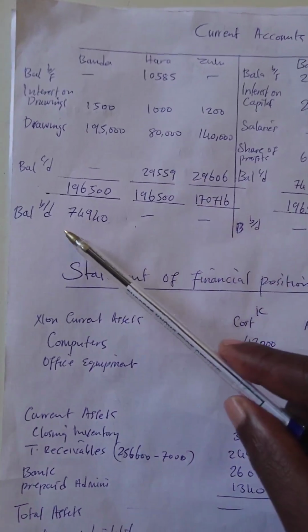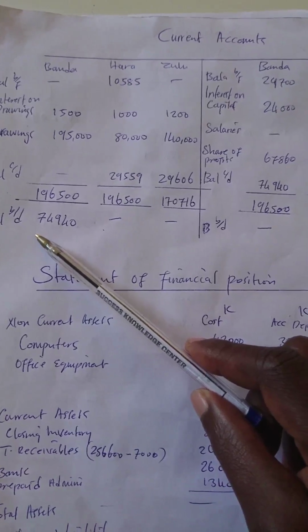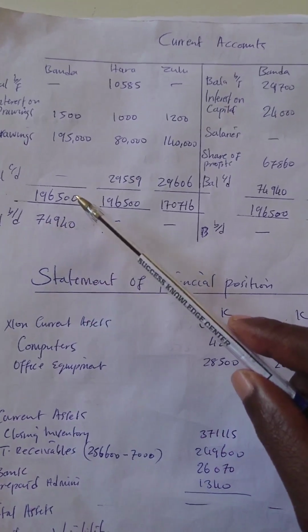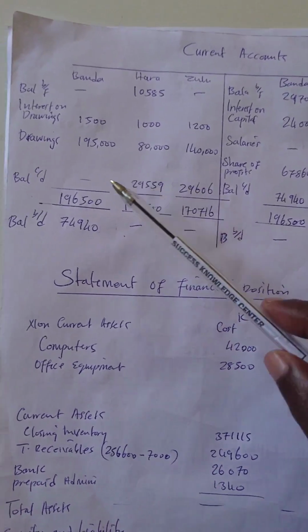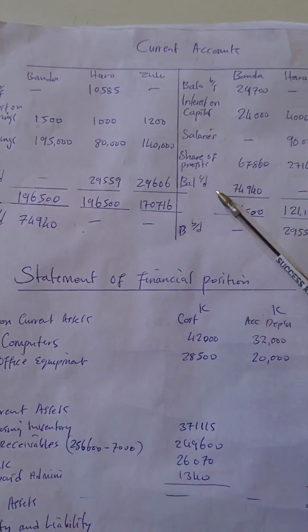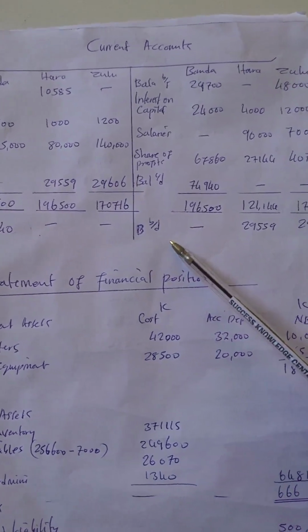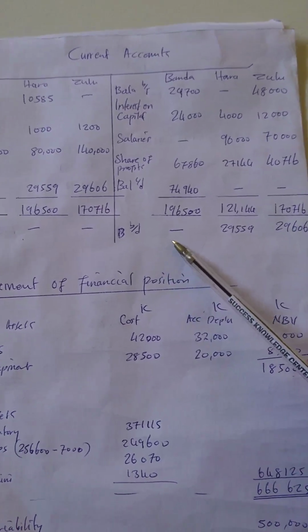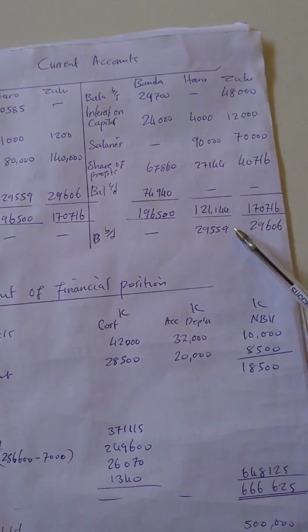So the debit balance brought down, only Hara and Zulu have the balance carried down. If you bring down these balances, they will come to the credit side, which means only Hara and Zulu have money in their current account.